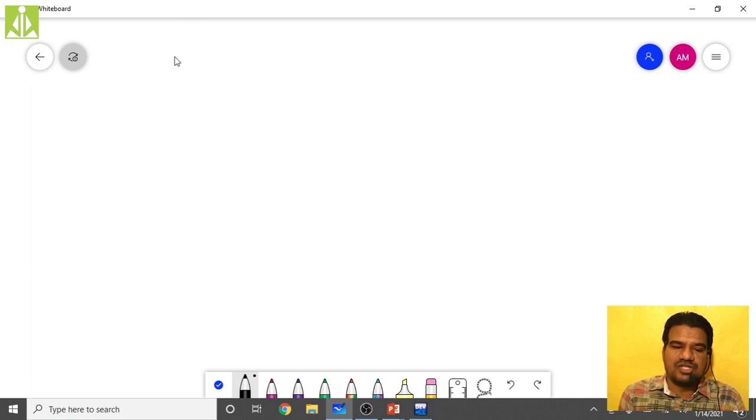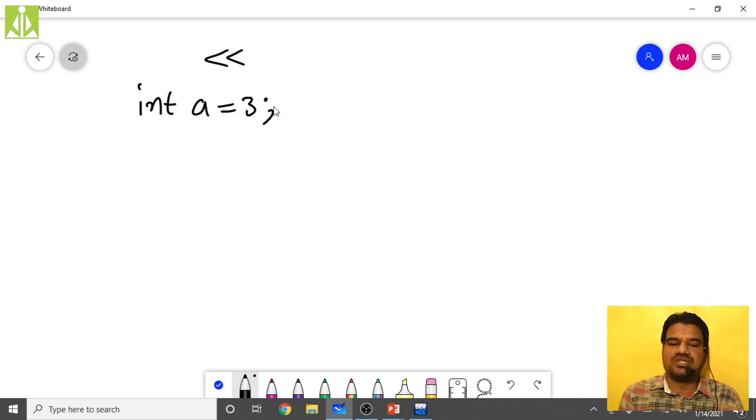So bitwise left shift, how do we do it? Sorry, this is left shift, in this direction. We write it like this, and perform it like this. Take the example: integer a, with value initialized to 3.